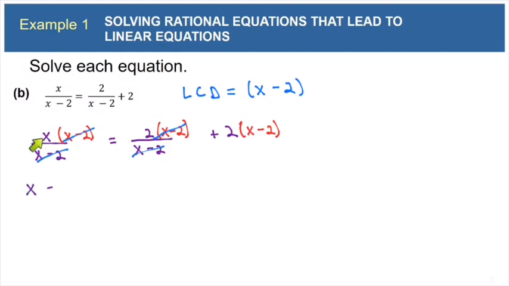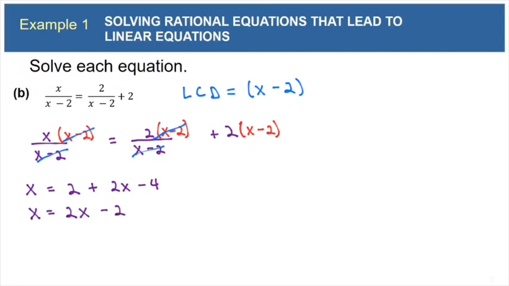That leaves us with x equals 2 plus 2 times x minus 2, which I've gone ahead and distributed here. So 2 times x gives us 2x, and 2 times minus 2 gives us minus 4. Now let's combine like terms on the right side and see where we are. 2 minus 4 is negative 2, so this is going to give us x equals 2x minus 2.